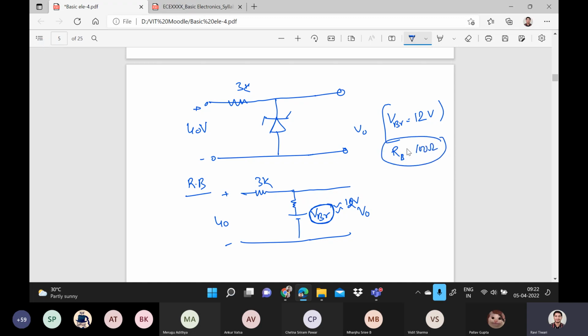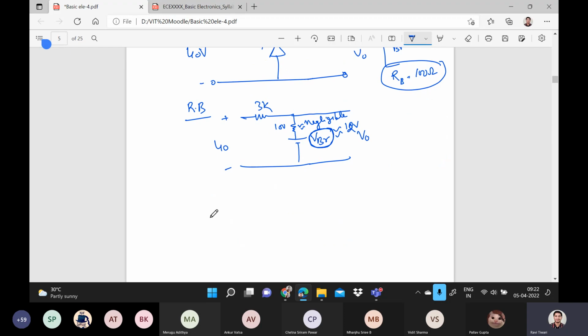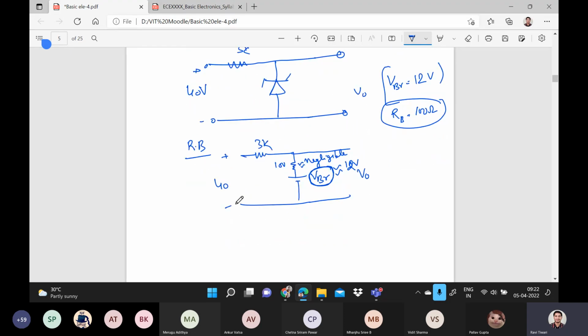But if they do not give, you can assume this is negligible. If they specify, you have to write down here 100 ohm like that. Okay, understand? So we have seen how the diode will behave if it is in the forward bias and if it is in the reverse bias.